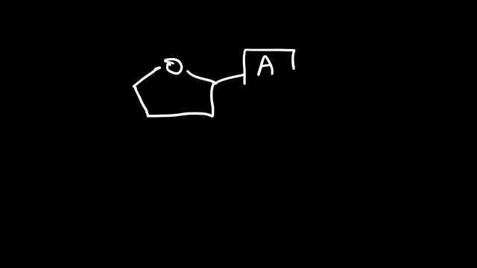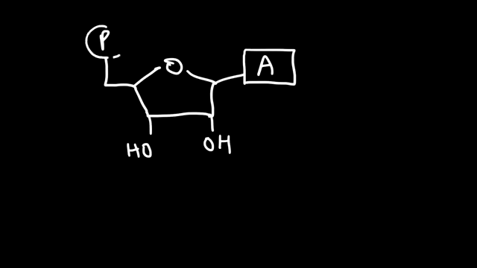Now let's try another example. So we're going to use the same nitrogenous base, adenine. But this time, we're going to have multiple phosphate groups. So let's say if we have 3 of them. How do we name it now? So we're going to start by naming the nucleoside.